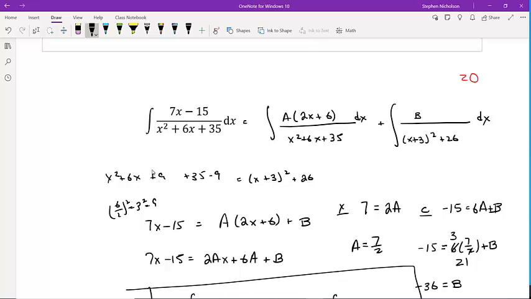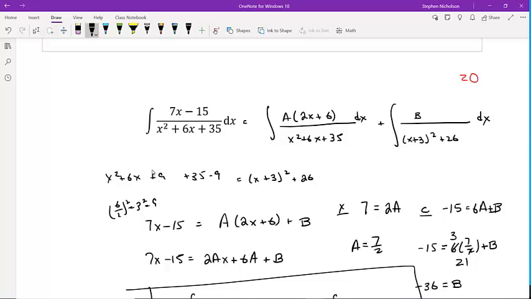So you've got these two denominators. They're the same, but they're set up because this one's going to involve the natural log, and this one's going to involve the arctangent. So 7x minus 15 has to equal a times the derivative of this denominator, which is 2x plus 6, plus the b, which goes with the second grouping.